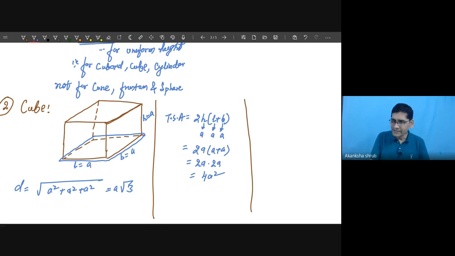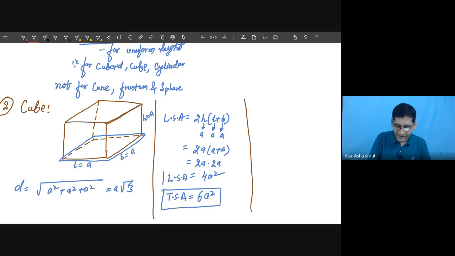Or you may simply consider 4 A square sides are bounding this. Therefore, the LSA is 4A square. But for TSA, 2 more are getting added, so it becomes 6A square.